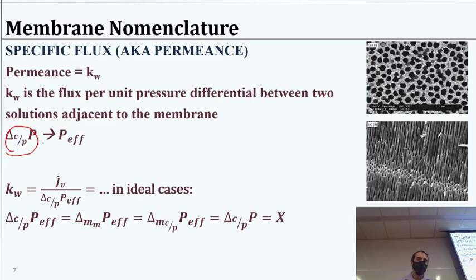I mentioned this already, but we can conceptualize that as our effective pressure difference, the effective pressure that's being applied and exerting our force for us. So as we describe this permeance, it is the specific flux.